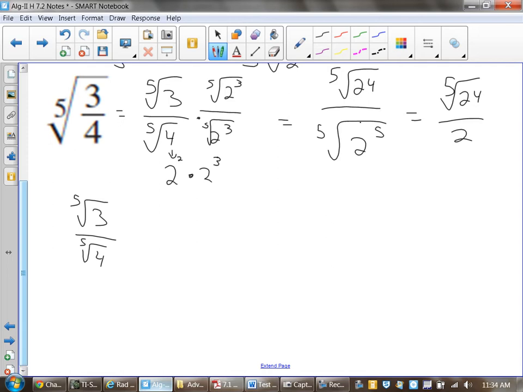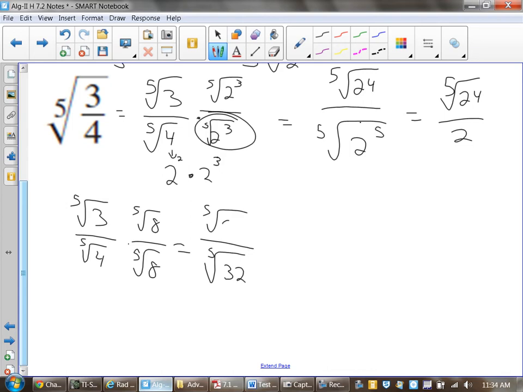It's 32, isn't it? What do you have to multiply a 4 by to turn it into a 32? Isn't that exactly what I did here? I created a perfect fifth root. I did the same thing. I just broke it into the exponents and used the rules.